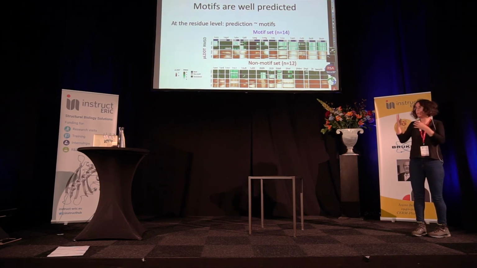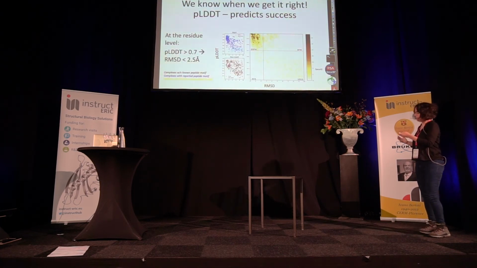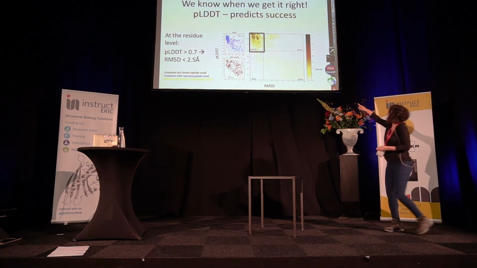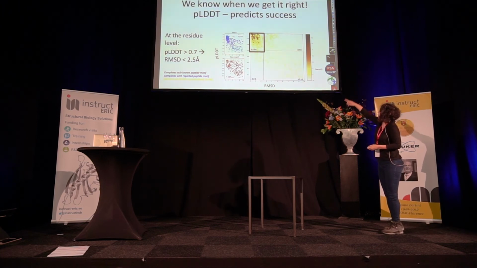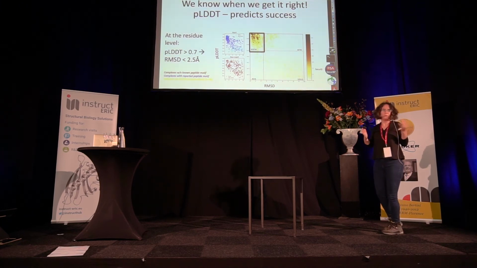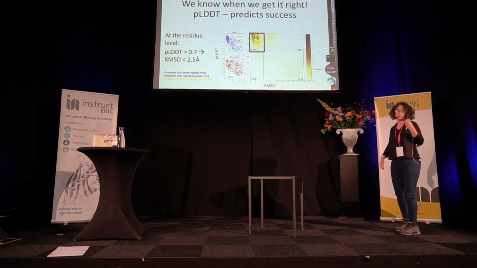So not only is it well performing, you can also identify when it works. If we look at this on a larger scale, here is a plot that shows the RMSD of a model and the pLDDT. We can see that if we take only the predictions that have a pLDDT value of over 0.7, which is what is usually done, we can get most of the models that are correct.